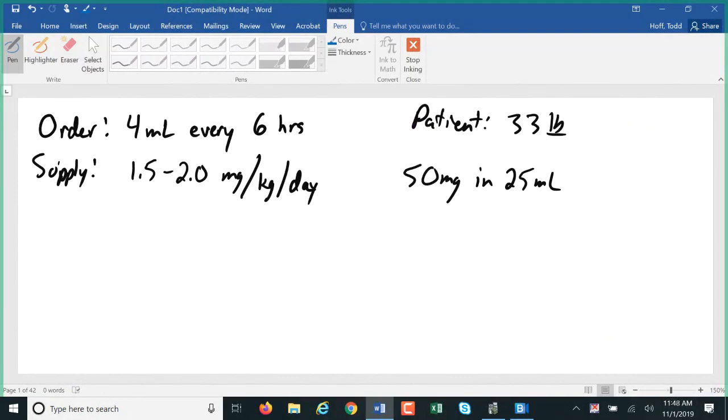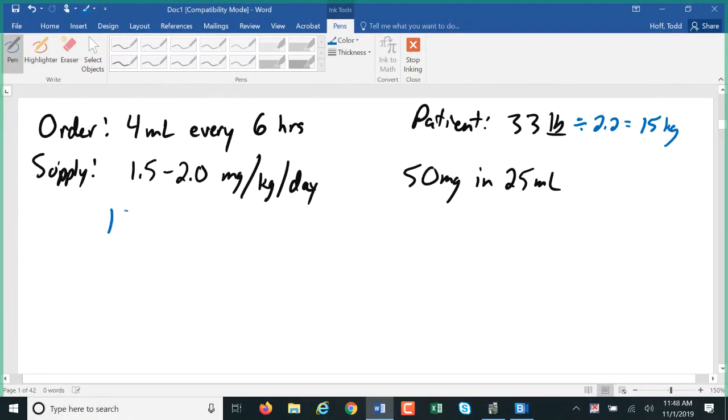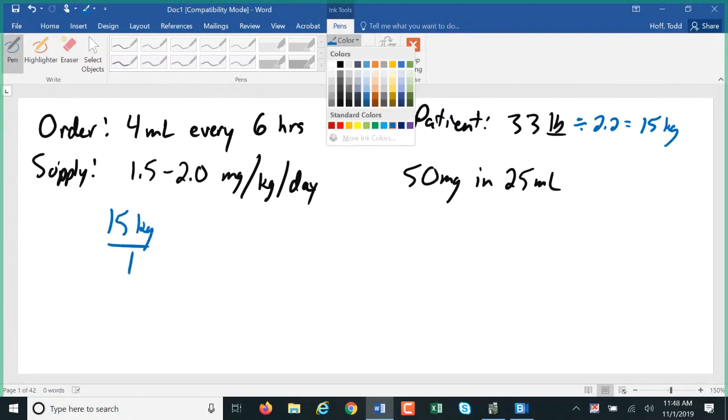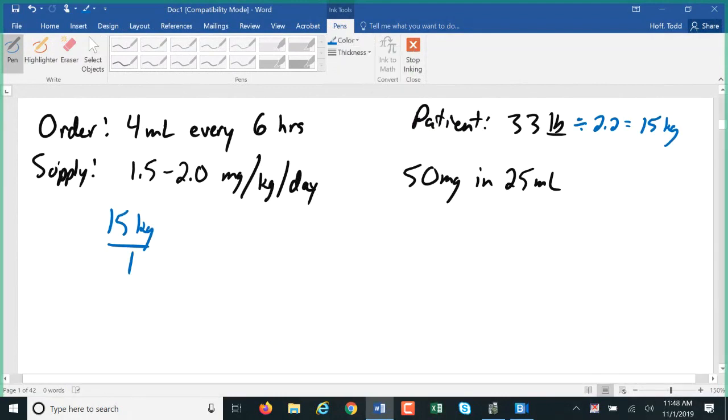Okay, so our first step is to convert that weight to kilograms. Divide by 2.2, 15 kilograms for this patient. Start out with 15 kilograms over what? We use the maximum, 2.0 or just 2 milligrams per kilogram.